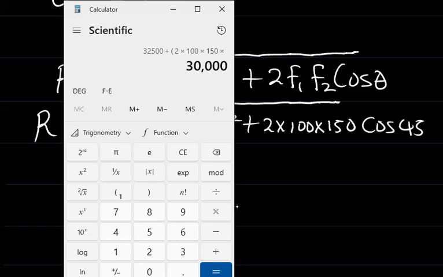If you use your calculator to evaluate cos 45, you're going to have 0.71 approximately. So everything here is 75,100.